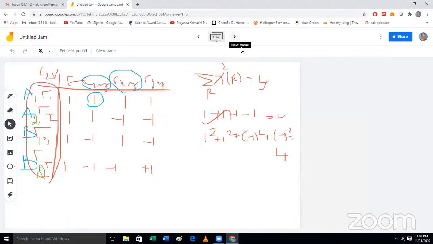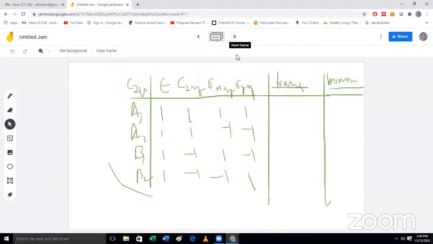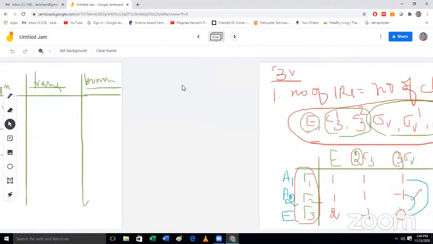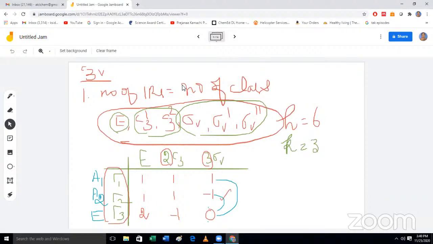Next part we saw was that there are translational, rotational and binomial parts. And another one, we saw the same type of derivation for the C3v character table. In C3v, we found that you are grouping them into 3 classes.